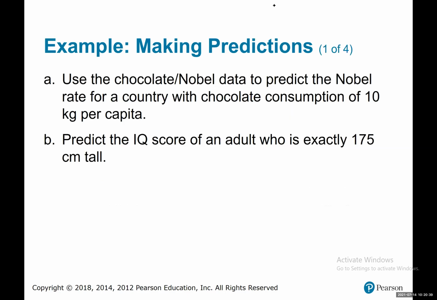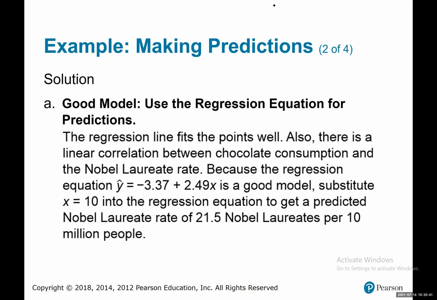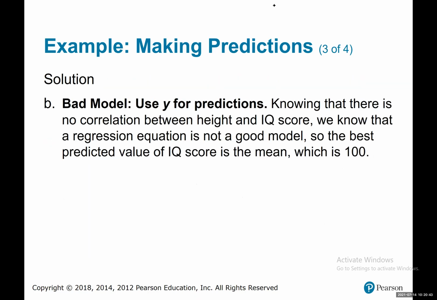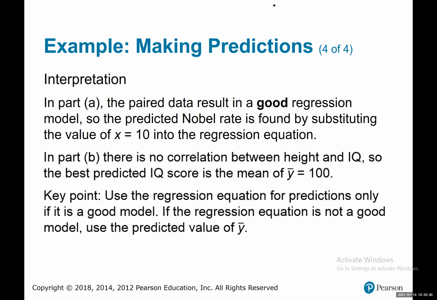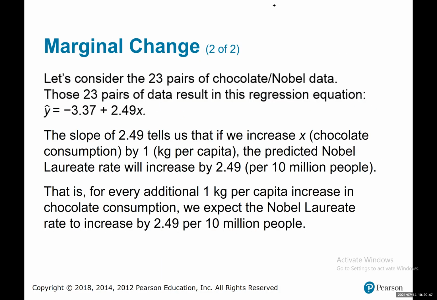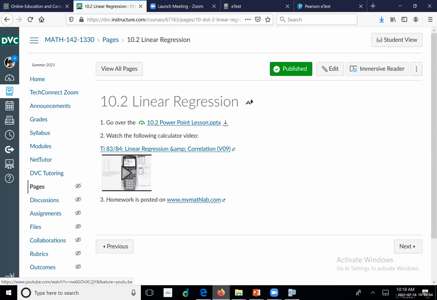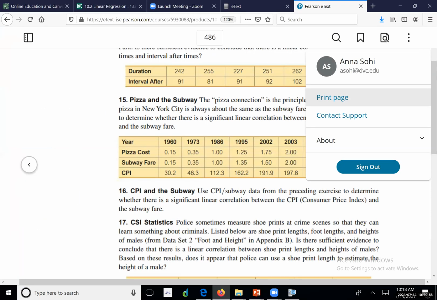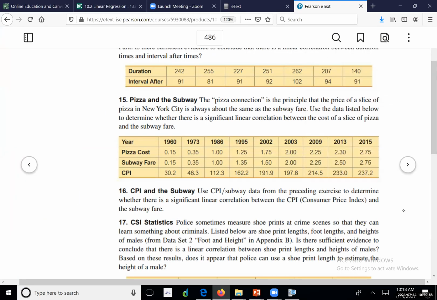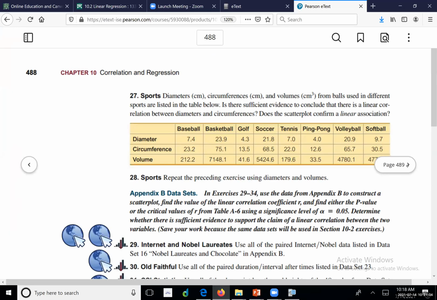Okay, so now let's go to the textbook. I have the textbook open. I want you to page to some of the exercises in 10.2.